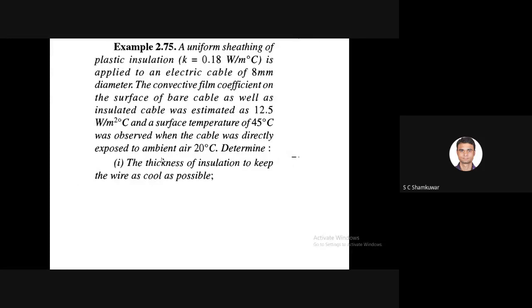Anyone? Are you getting the question? What is asked? What is asked? The thickness of insulation to keep the wire as cool as possible.